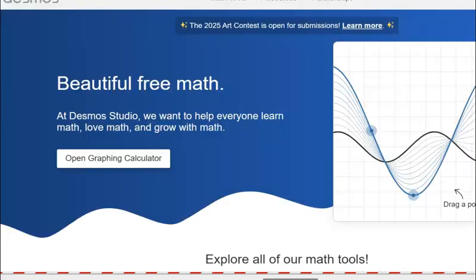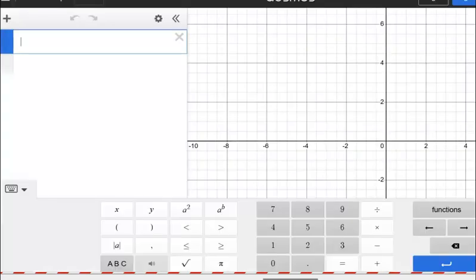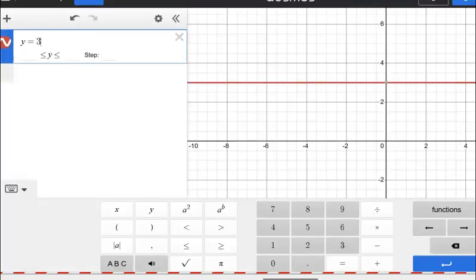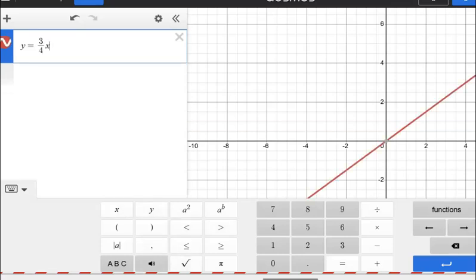So the first one we need to put in as y equals 3/4 x plus 2. So you have your first graph.